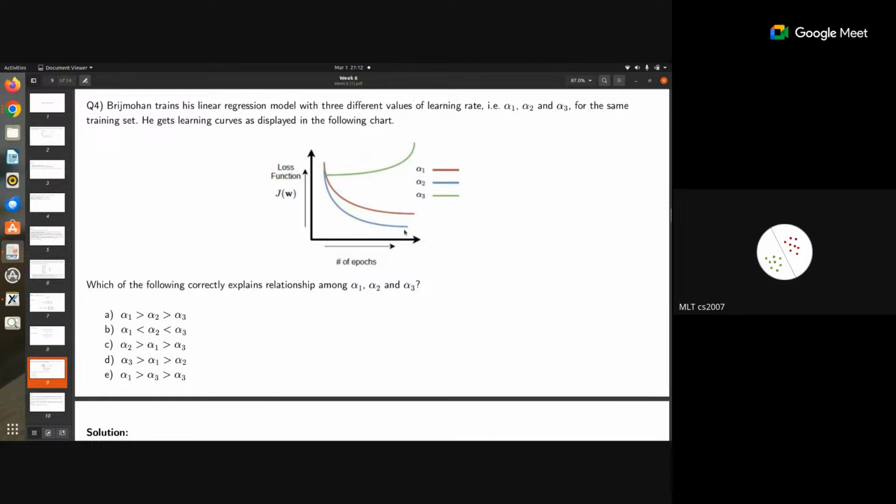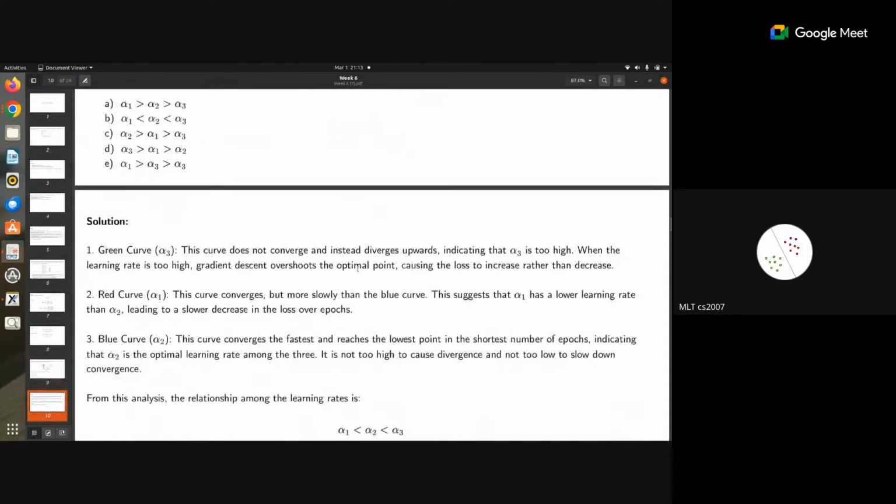There is a chance that it will converge earlier than alpha 1. So we don't need the slowest one, and we don't need a very high learning rate. An intermediate one will give you the idea.